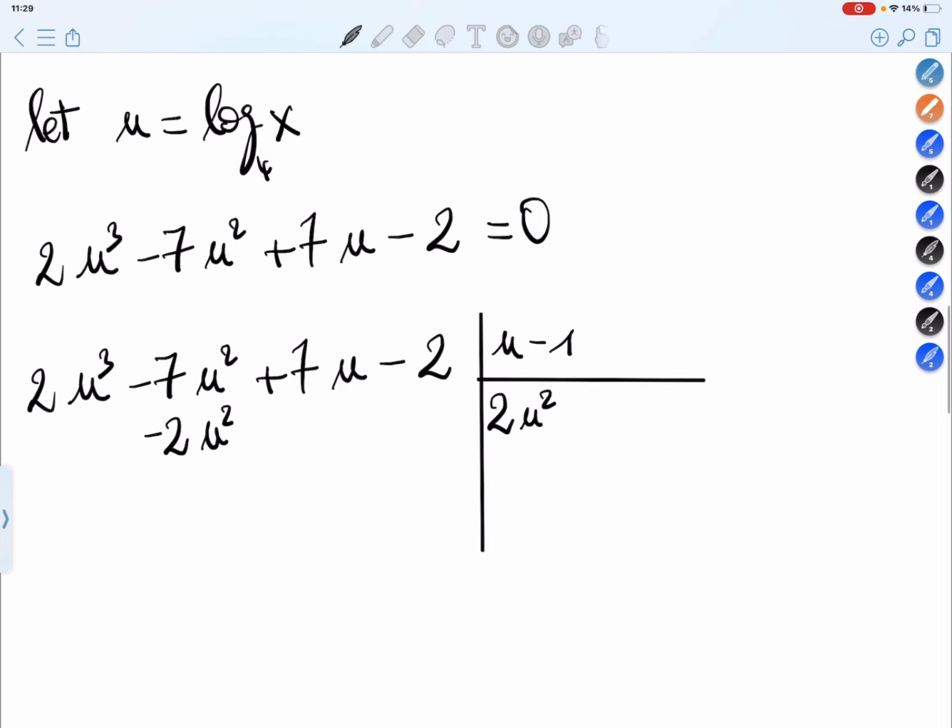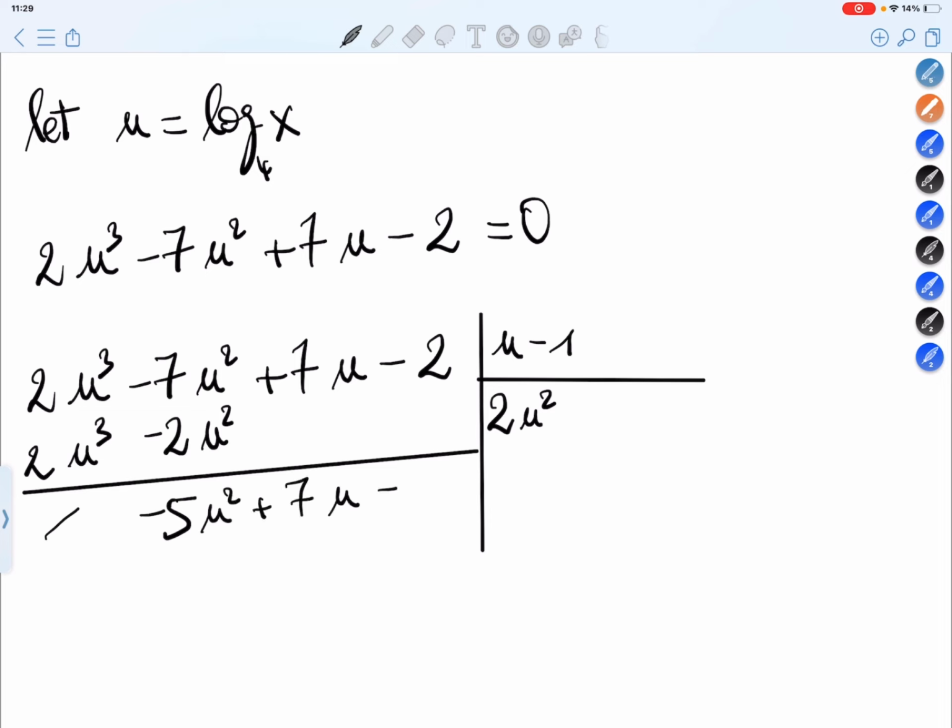And then 2u squared times u is 2u cubed. Now we're gonna subtract, so this would give us 0. Then minus 7 minus 2, so minus 7 plus 2, which is minus 5u squared. Then here 7u minus 2.